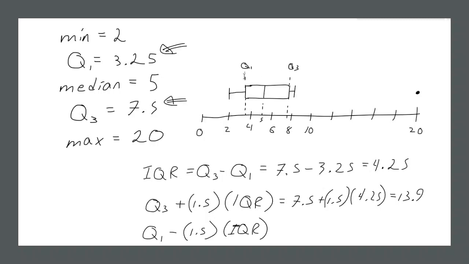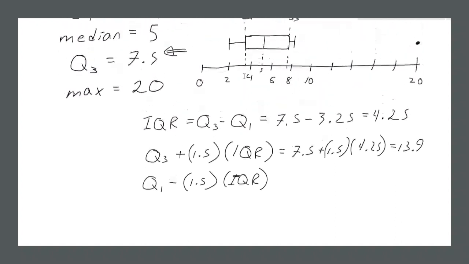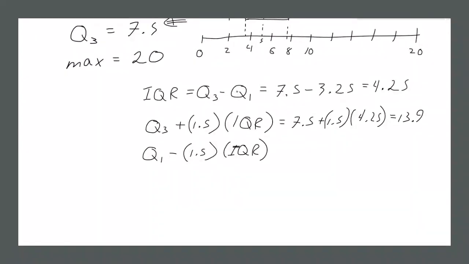Now let's look for the lower bound. Q1 minus 1.5 times the IQR. Q1 is 3.25 minus 1.5 times 4.25, and that is negative 3.1 approximately.